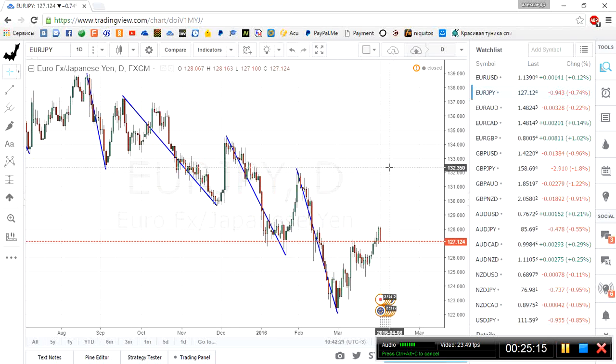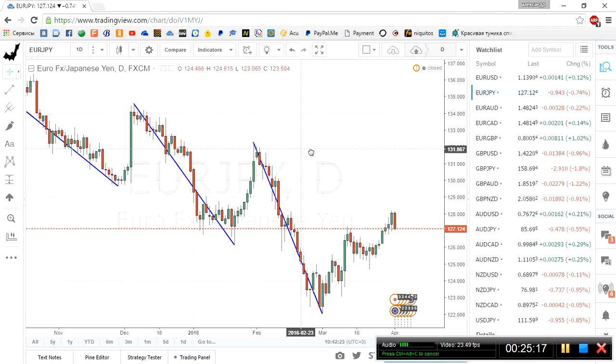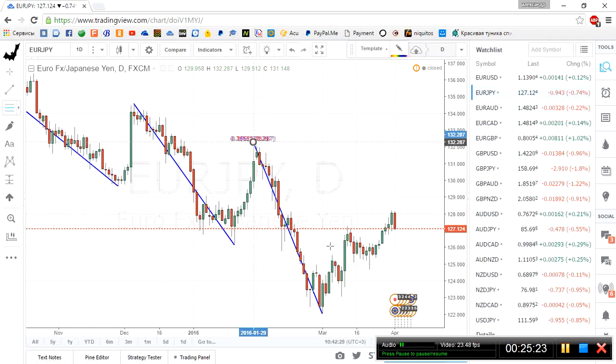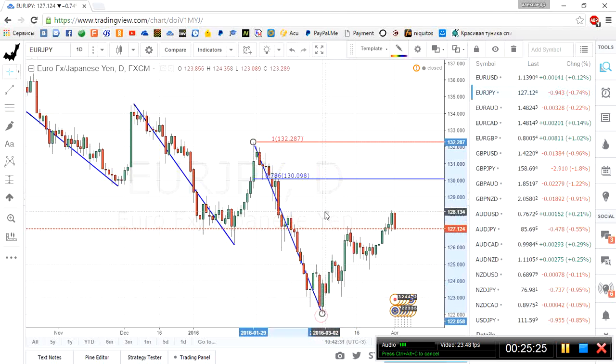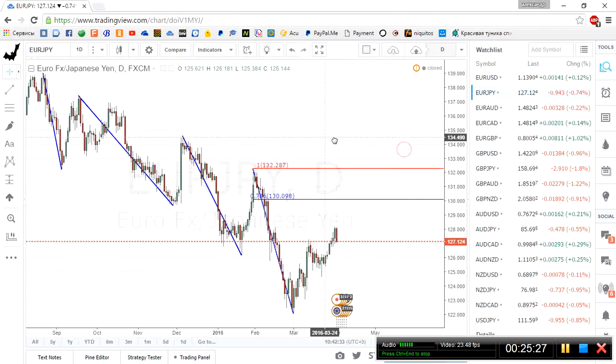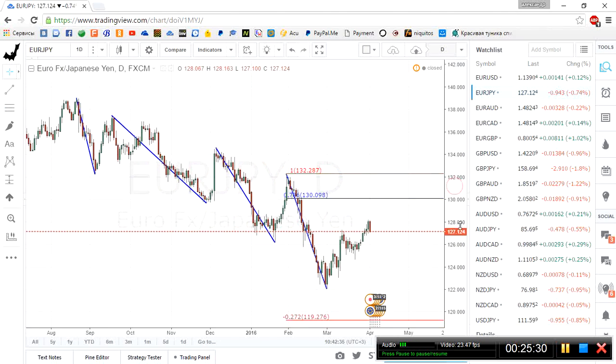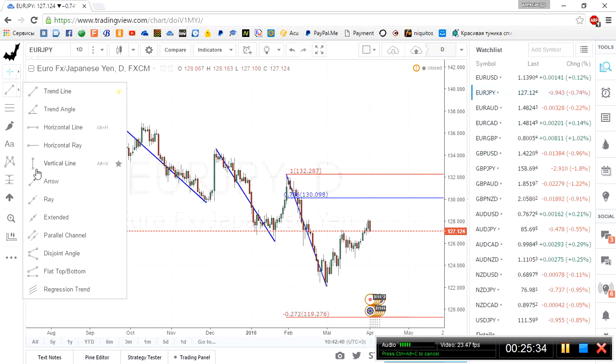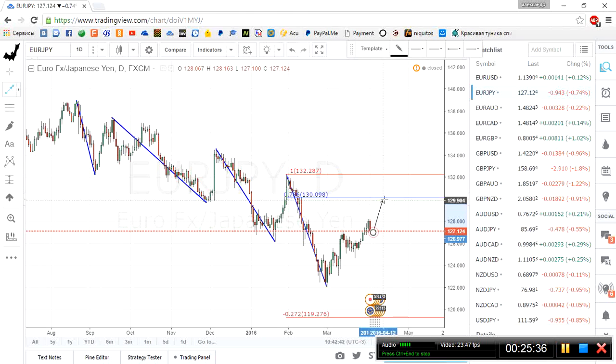Okay, when we mark that impulse swing, let me take some fibs and I will tell you what I'm looking at. I'm looking at this price to go a bit higher to this level, and I want to sell it all the way down to the 127 extension. So that would be my next impulse I'm looking at.